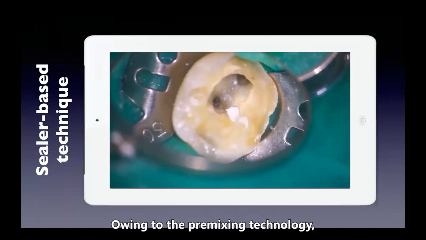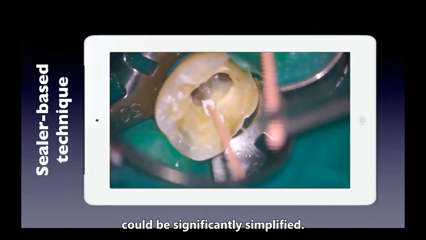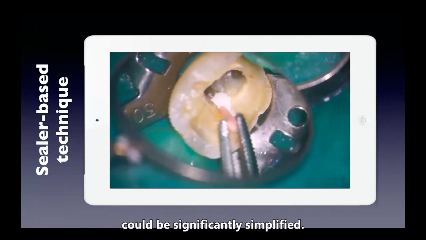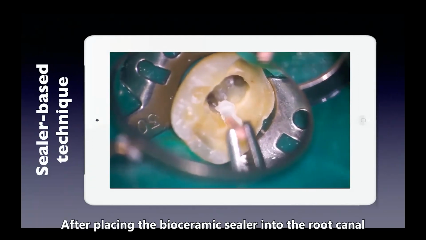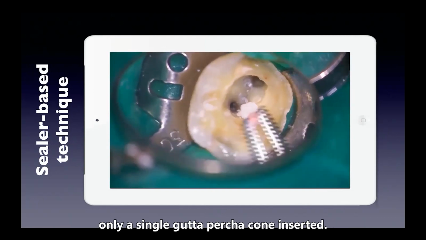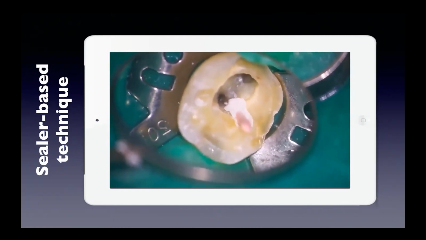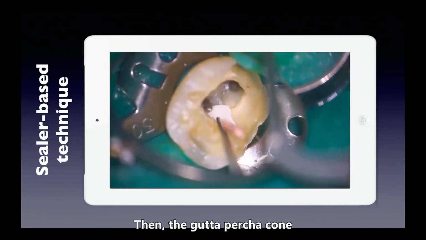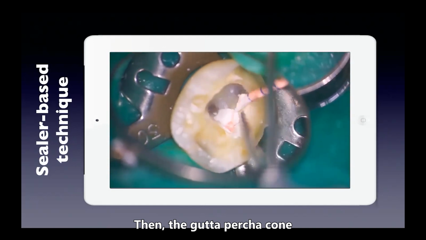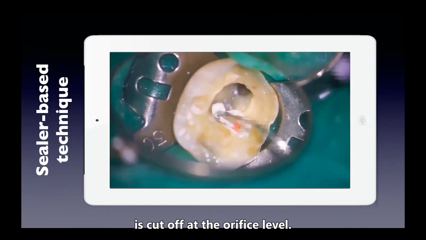Owing to the premixing technology, the root canal filling technique could be significantly simplified. After placing the bioceramic sealer into the root canal, only a single gutta-percha cone is inserted. Then, the gutta-percha cone is cut off at the orifice level.